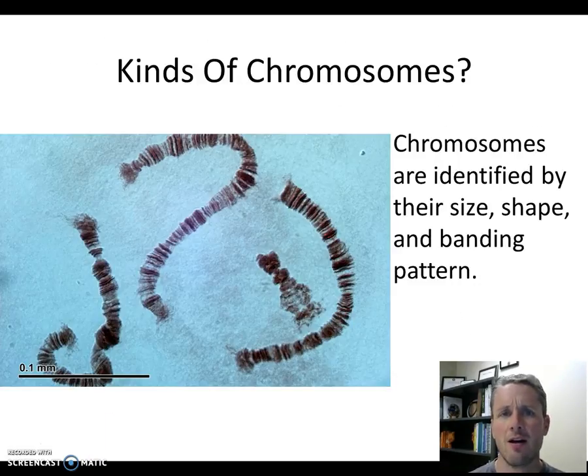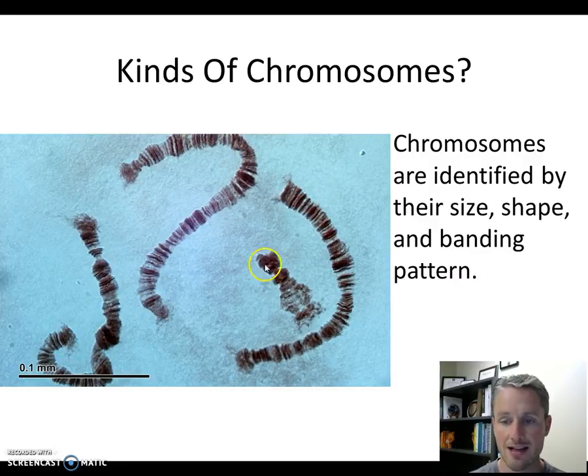How can we determine how many kinds of chromosomes there are? So it turns out that biologists look at the chromosomes under the microscope, and they can tell the chromosomes apart. They can sort them into different kinds based on the chromosome's size, shape, and banding pattern. So here we can see a couple chromosomes in this picture.